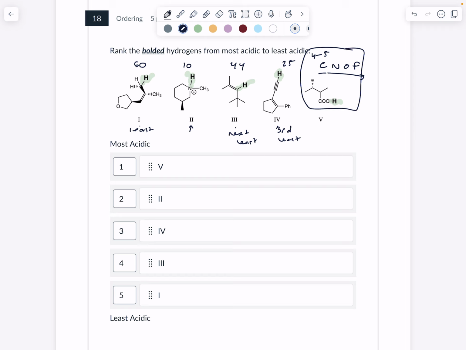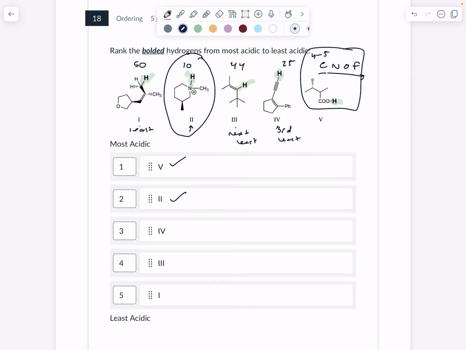So I know this carboxylic acid, which has the most electronegative atom and it has resonance, is the most acidic. So that checks out with reasoning and with pKa. And then normally I would think that this nitrogen would have a pKa of like 38, but because it's positively charged, there's an extra hydrogen, it has a much lower pKa, so it'll be next.